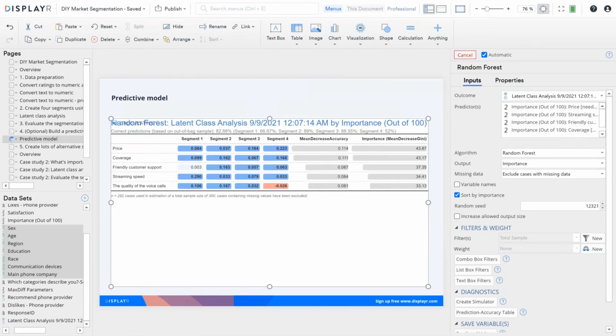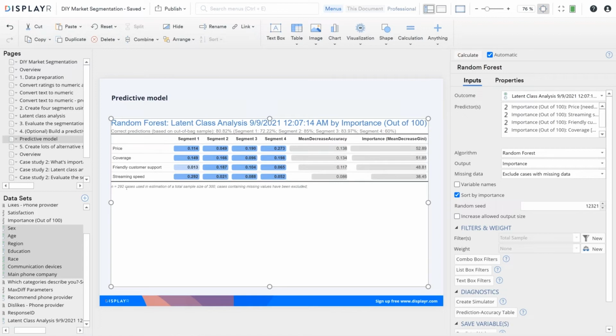And so with only 4 predictors, we've still got our predictive accuracy at about 81%. It goes down if I remove one more. And this tells us that we can allocate people to segments reasonably accurately, knowing only the importance of these 4 dimensions.